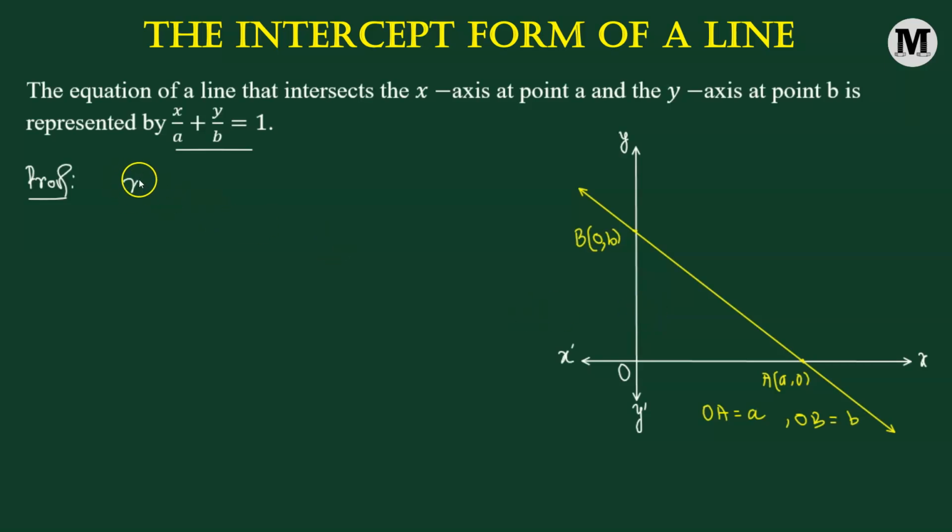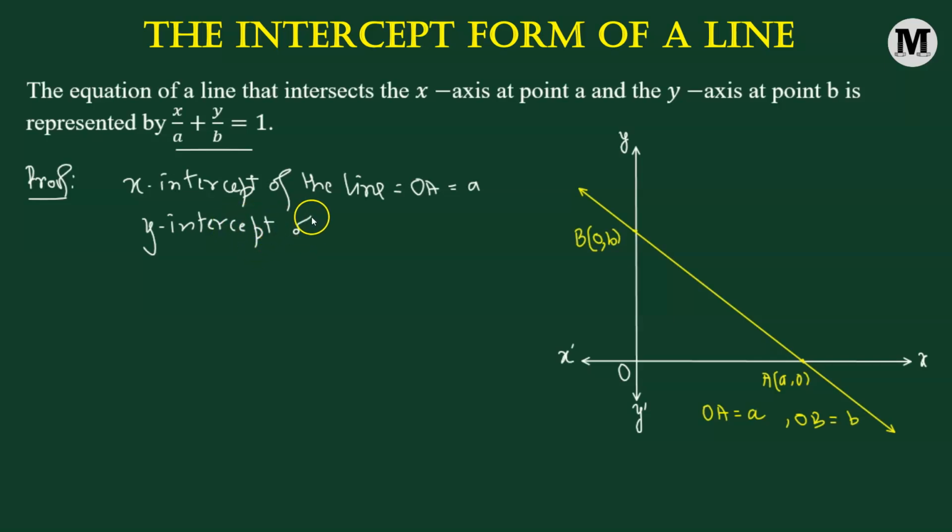We can say that the x-intercept of the line is going to be denoted by OA, so that's equals to a unit. And then we have the y-intercept of the same line, that's going to be denoted by OB having a length of b unit. Okay, fine. So this much information is given to us. Our goal will be to determine the equation of this line.